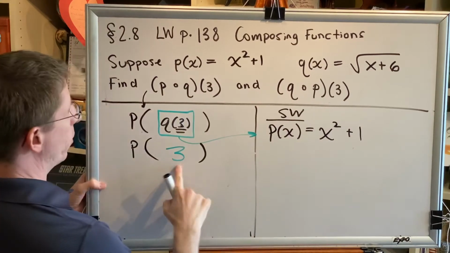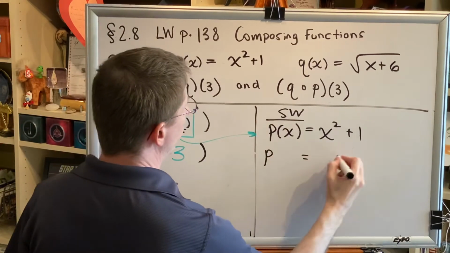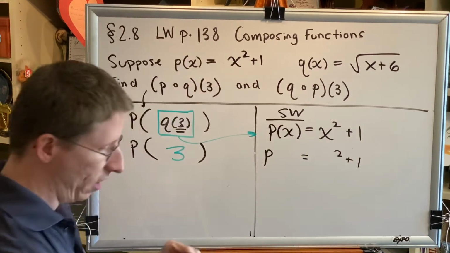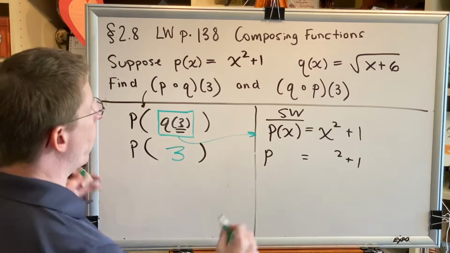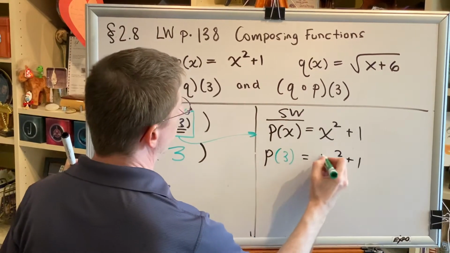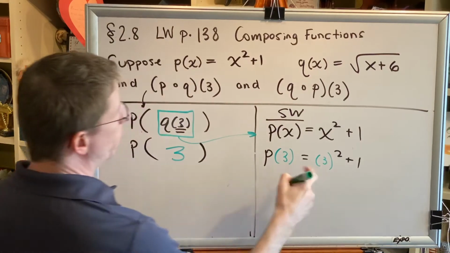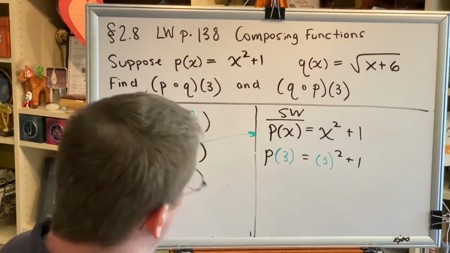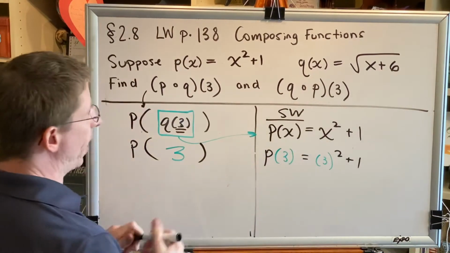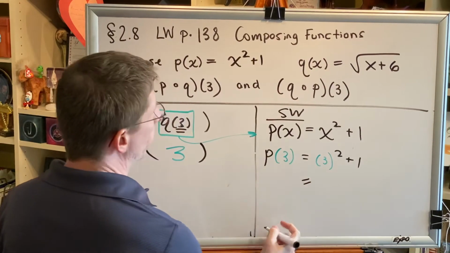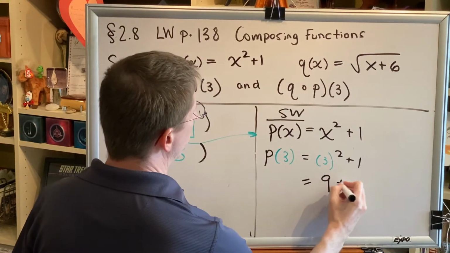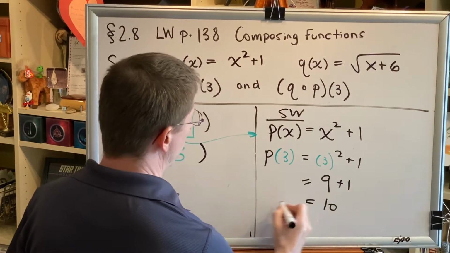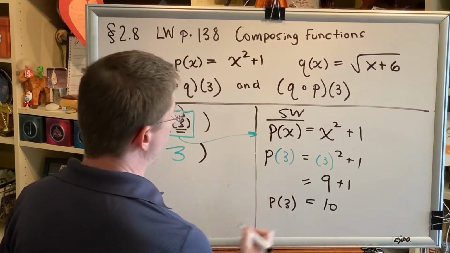Replacing every x with a 3, we get that p of 3 is equal to 3 squared plus 1. Notice that I must put this 3 in parentheses because this x has an exponent. Simplify. 3 squared is 9. 9 plus 1 is 10. So p of 3 equals 10.